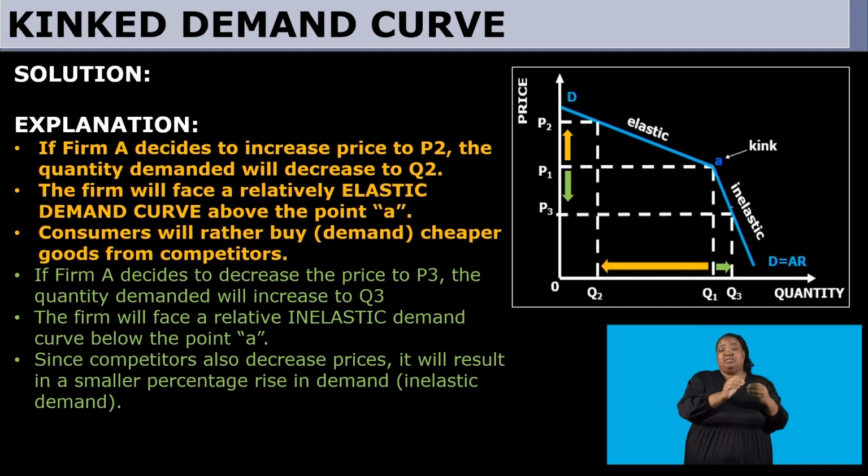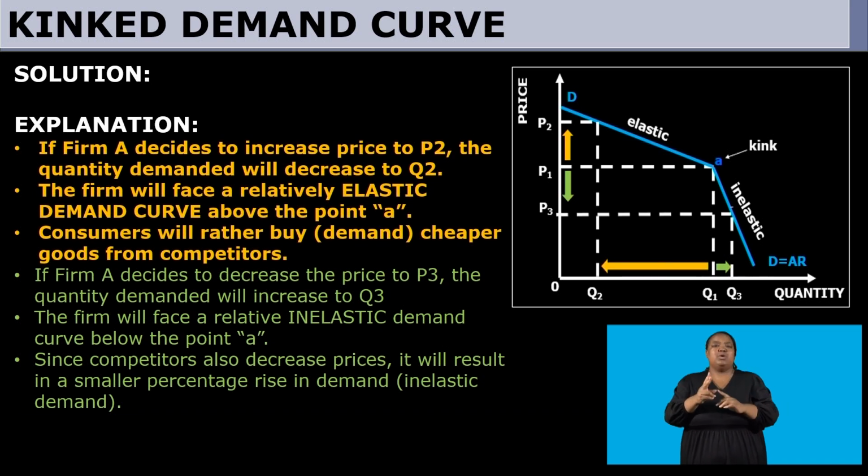If firm A decides to decrease the price to P3, the quantity demanded will increase to Q3. The firm will face a relatively inelastic demand curve below the point A. Since competitors also decrease prices, it will result in a smaller percentage rise in demand.